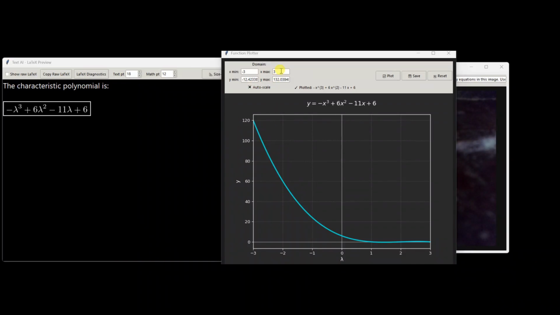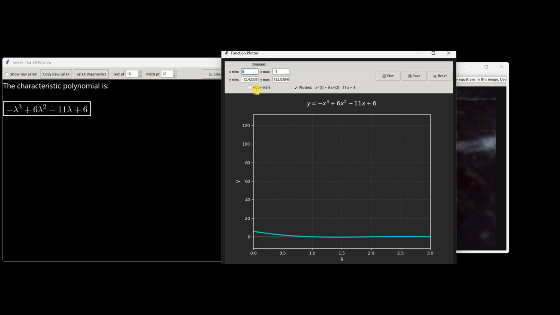I'll just check this. That's at 3. That's 0. And then I'll make y max 1, that minus 1.